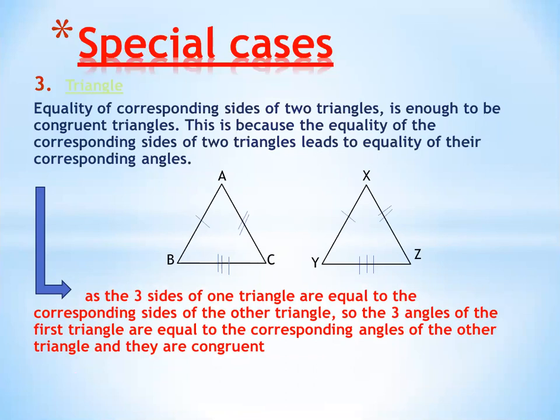If I have triangles ABC and XYZ, with AB equal to XY, AC equal to XZ, and BC equal to YZ, then because three sides are equal in the two triangles, these two triangles are congruent, because equality of sides leads to equality of angles. So the two triangles are congruent. ABC is congruent to XYZ.